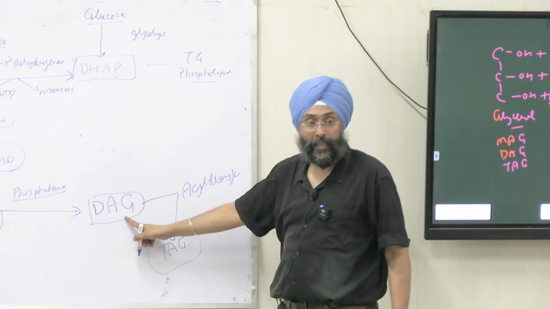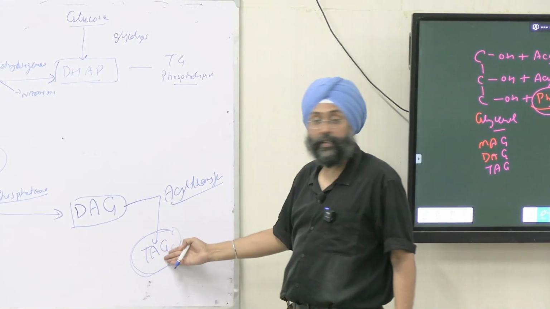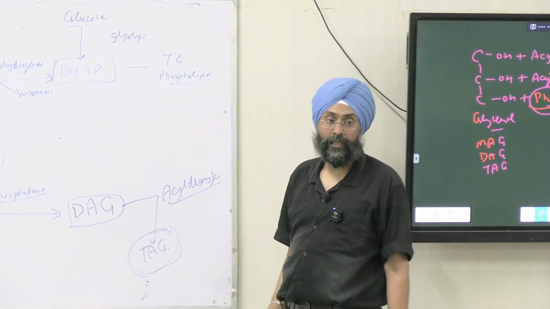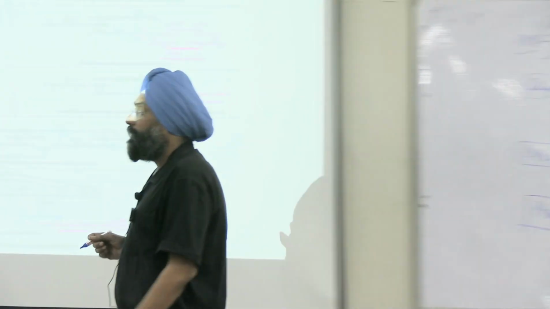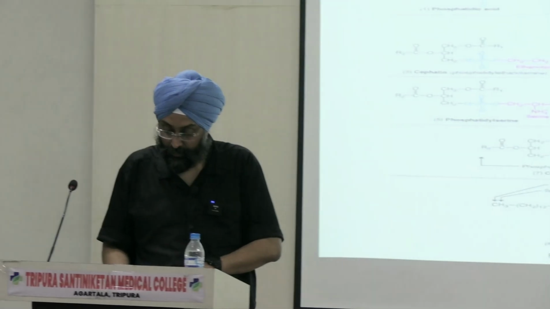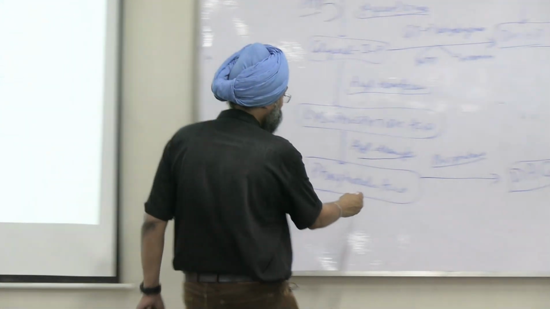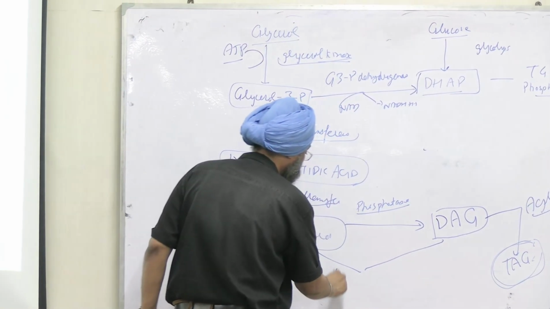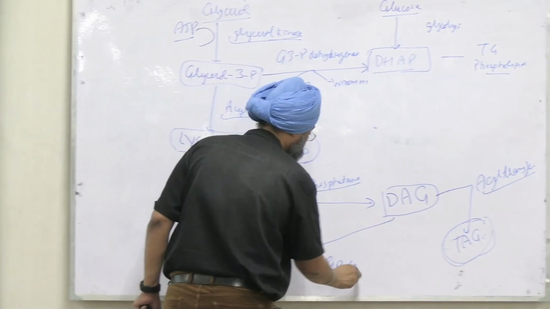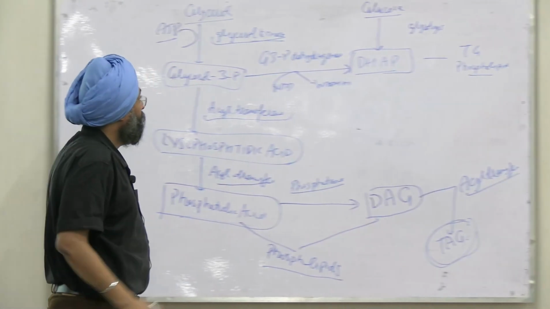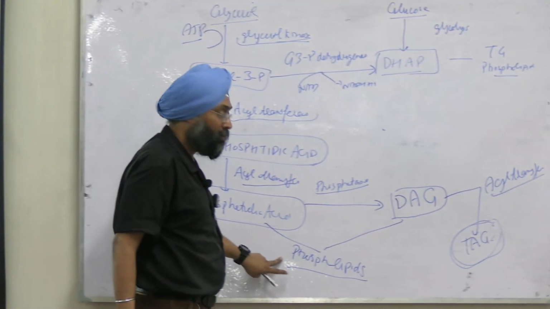From diacyl glycerol, we add another acyl group by acyl transferase and we get our triglyceride, that is triacyl glycerol. Clear? And other phospholipids, how you can synthesize: this phosphatidic acid and this diacyl glycerol can lead to synthesis of all the other phospholipids. From this mechanism, we synthesize both triglycerides and phospholipids.